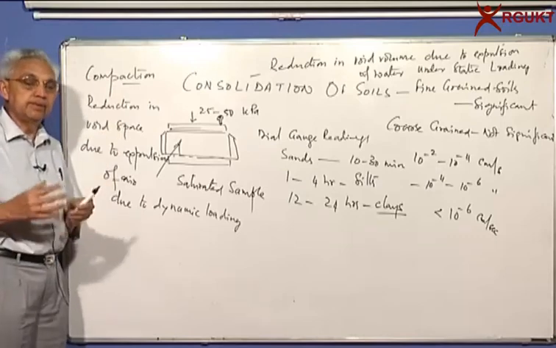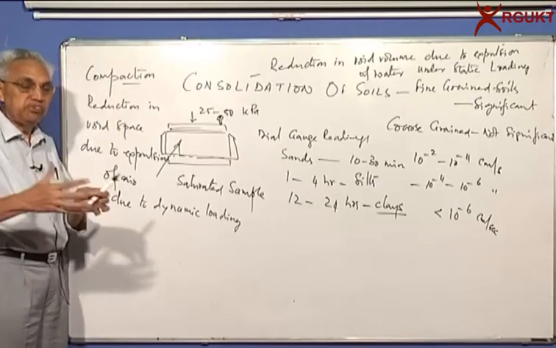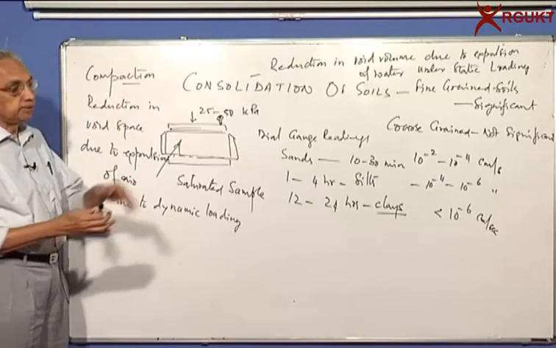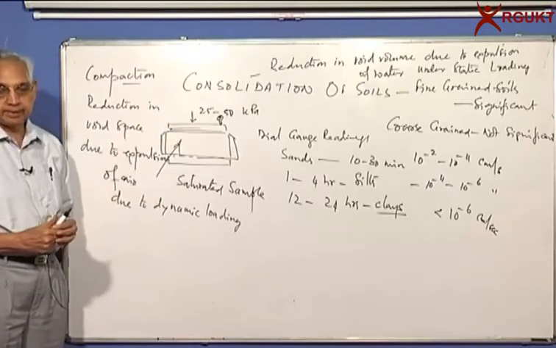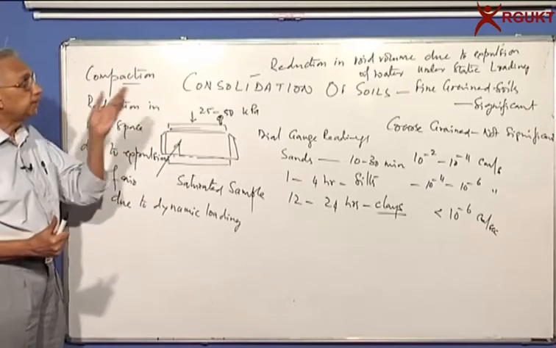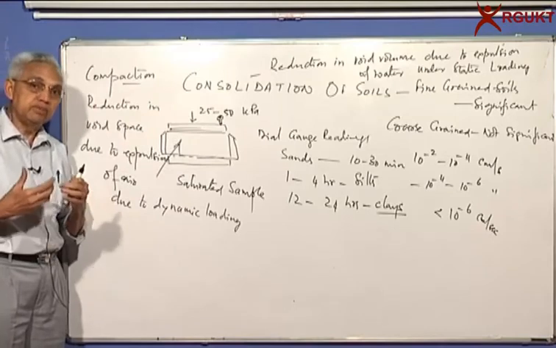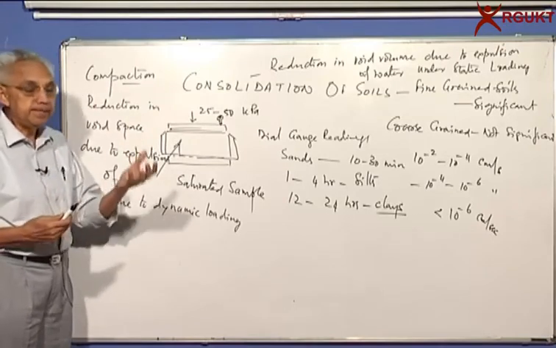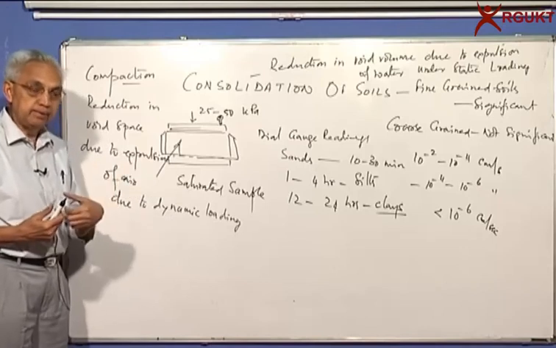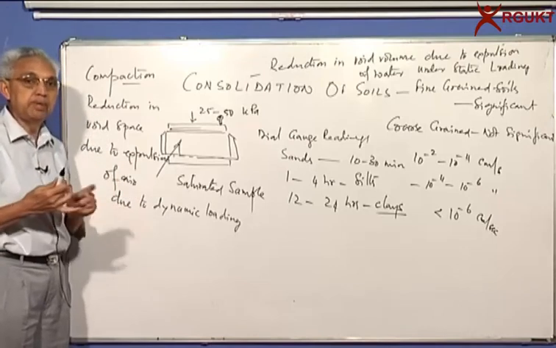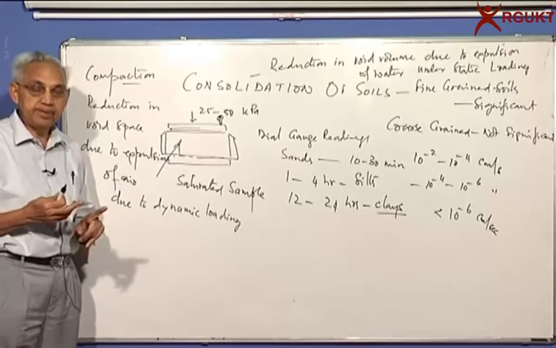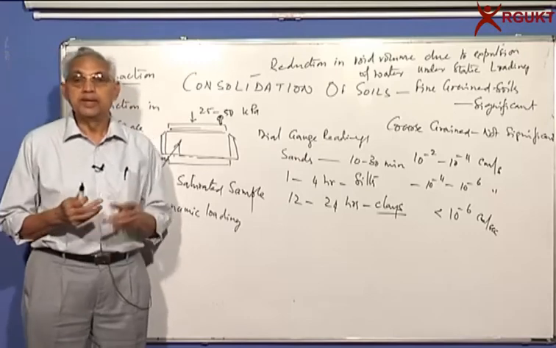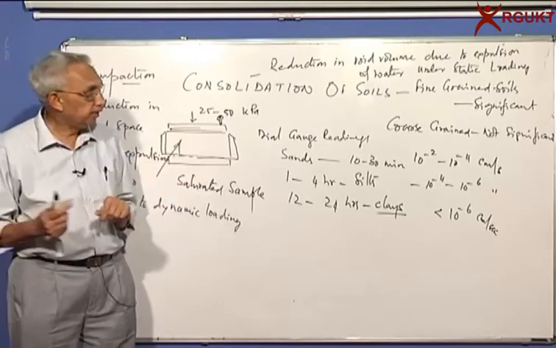Compaction is on soils which we bring in, fills, we engineer them so that I can compact them as dense as possible. Consolidation is a phenomenon which occurs when you construct something on the ground or in the ground and increase the load on the ground by the new facility. It could be a building, a factory, a bridge abutment, a liquid storage tank, whatever it is.